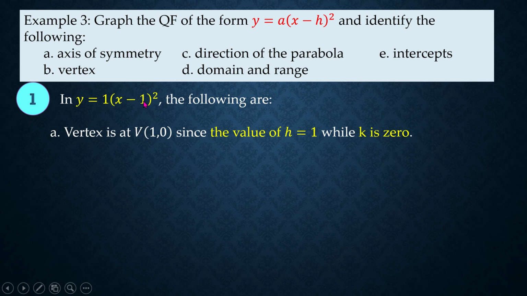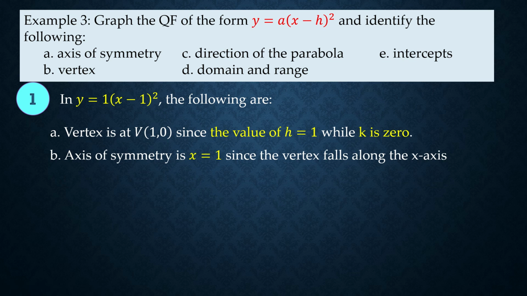So h is positive 1, not negative 1, because it is minus: x minus the value of h. But if the given were x plus 1, then h would be negative. But since that is minus, h is positive 1. Then k is 0, so there is no plus k. So that is our vertex, 1, 0.